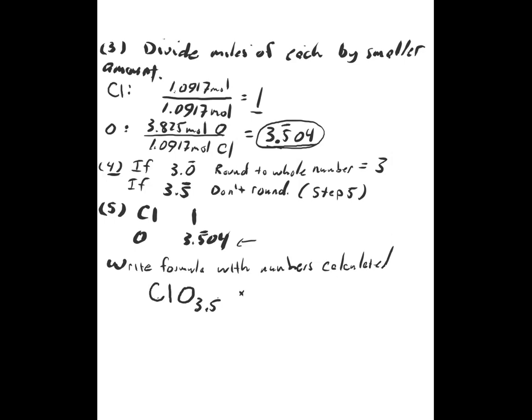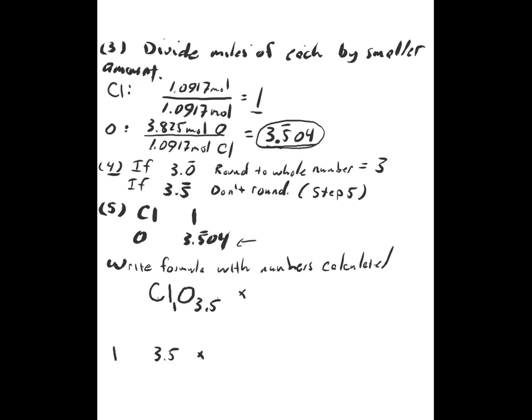You multiply each of the subscripts by the smallest possible number that you can, so that each of these subscripts becomes a whole number. Now that sounds a little odd, but here's what I mean. If I take 1, this is a 1, even though we didn't write 1, it's implied, and this is 3.5. We ask ourselves, what number would we have to multiply that by so that they're both whole numbers? And we want the smallest possible.